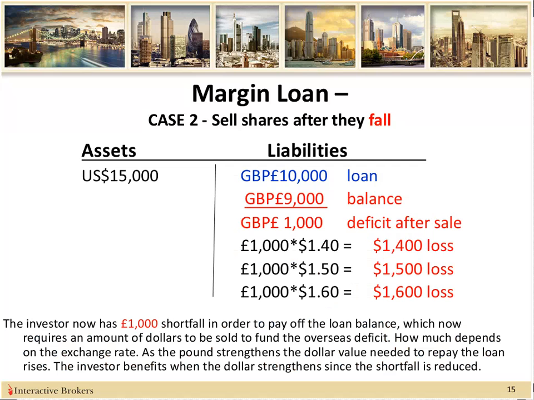A 10% appreciation of the dollar to $1.40 per pound reduces the conversion required by $200 to $1,400 compared to the original $1.50 exchange rate at the time the original transaction was made. If the pound strengthens and now buys $1.60, the deficit increases by $100 to $1,600.